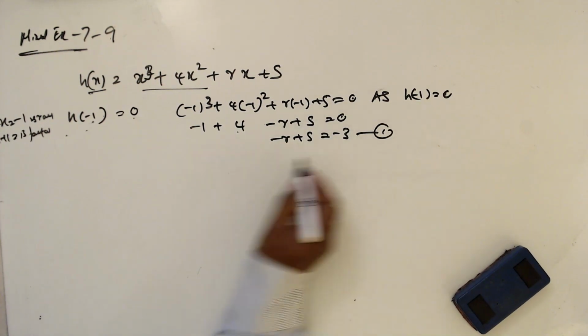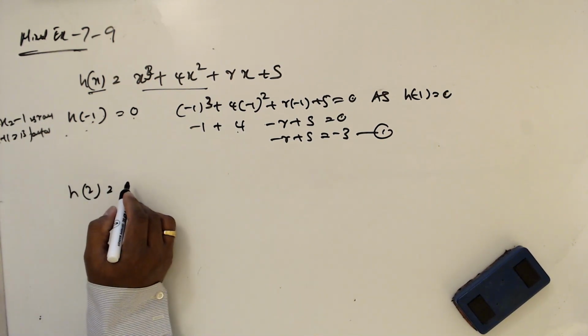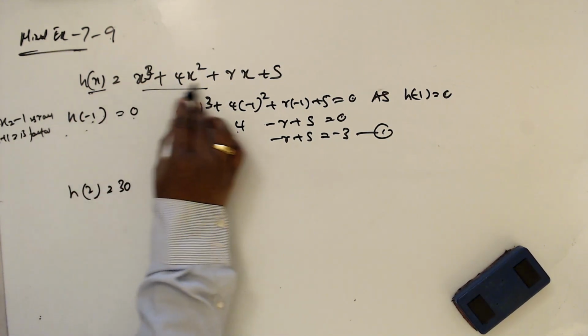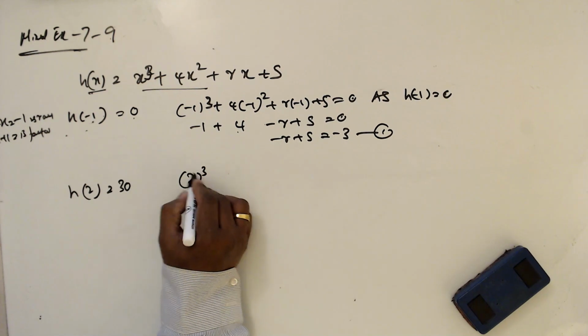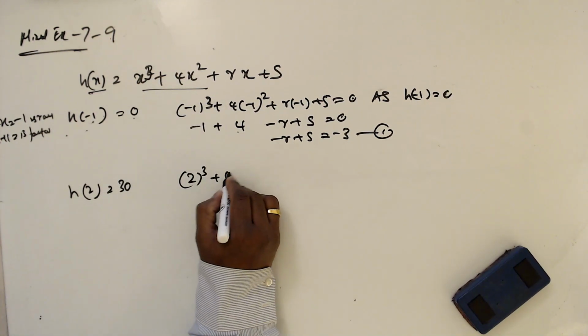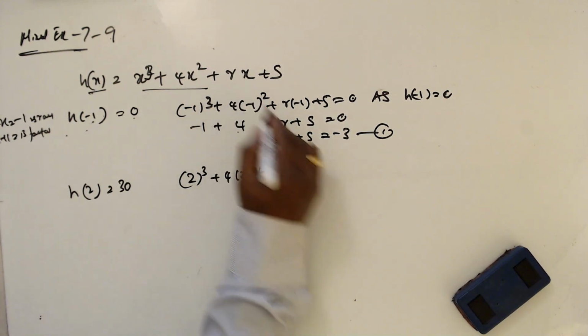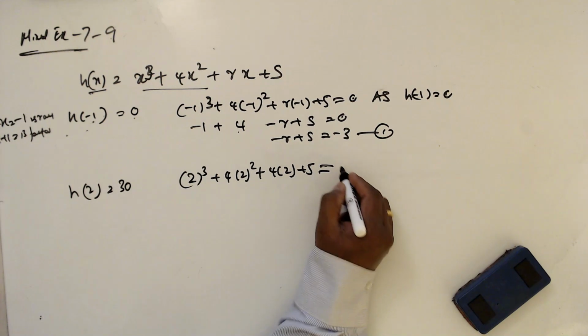This is equation 1. Now h of 2 equals 30. When you substitute 2, your answer should be 30. Then 2 cubed plus 4 times 2 squared plus r times 2 plus s, and your answer should be 30.